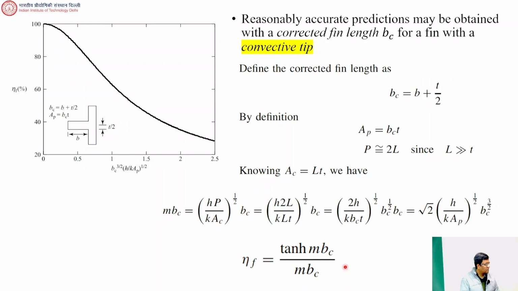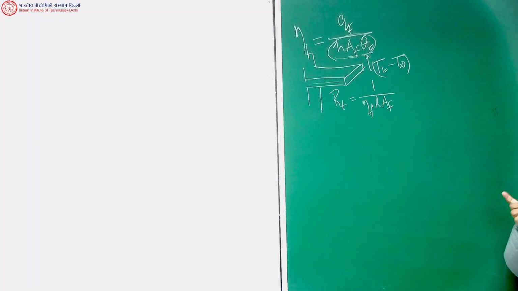There are some limitations also. We have just looked at this kind of rectangular fins, right? This sort of thing, rectangular, which essentially looks like this. But in reality, there are other kinds of fins also. There are radial fins, circular geometry. And there are all sorts of other types of fins.